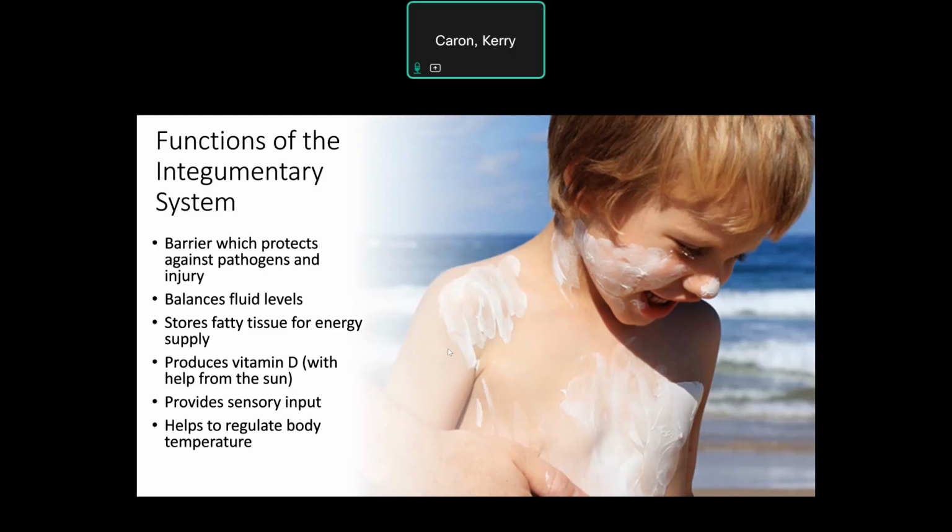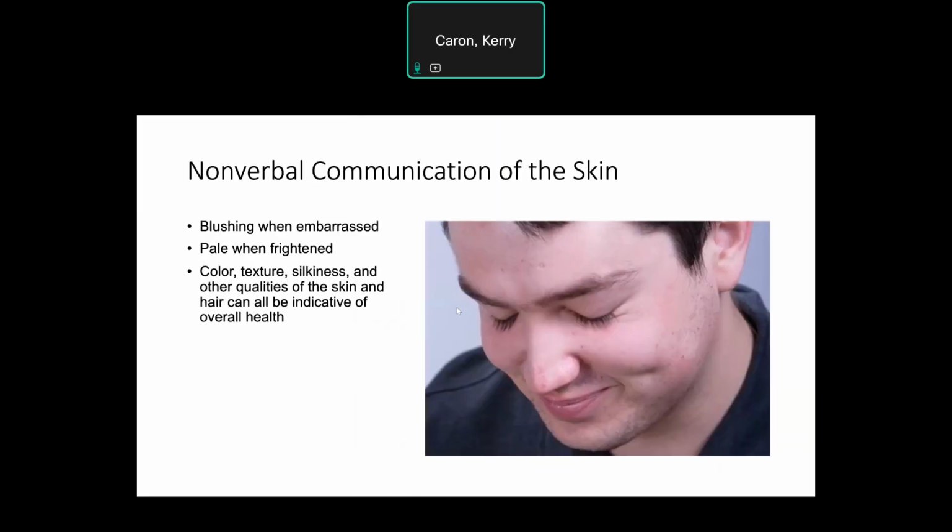It produces vitamin D. So without the sun on our skin, we don't process vitamin D. It provides us sensory input from the environment, and it helps us regulate body temperature.